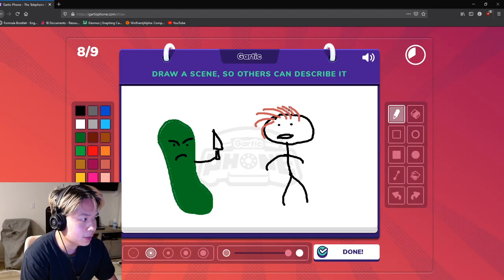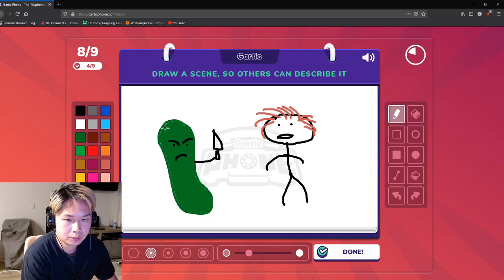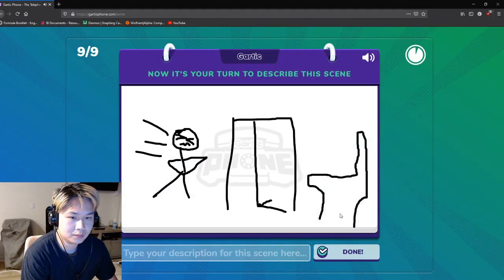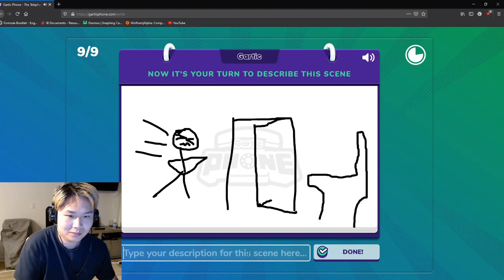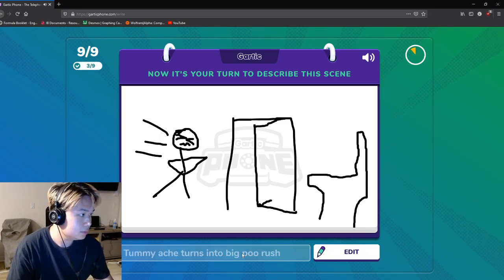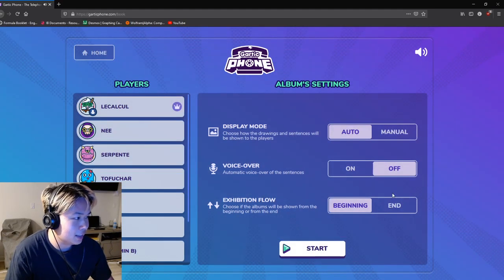I like how the universal symbol for me is a stick guy with pink hair. Okay, so here we go. Let's see the results and then we'll call it a stream.